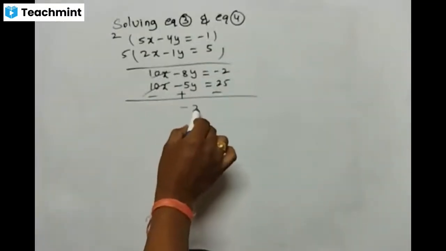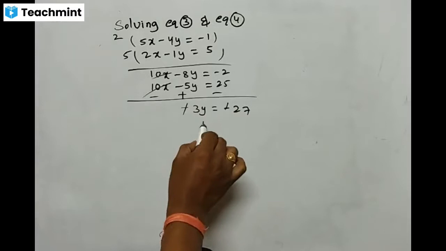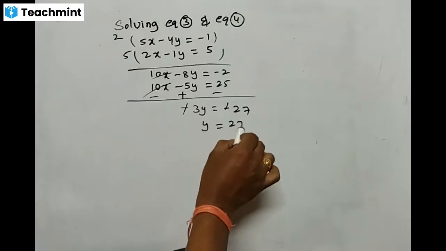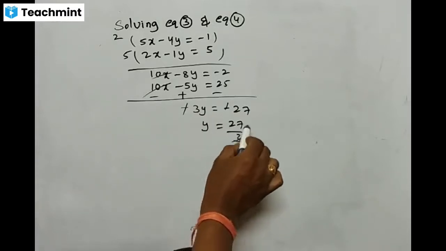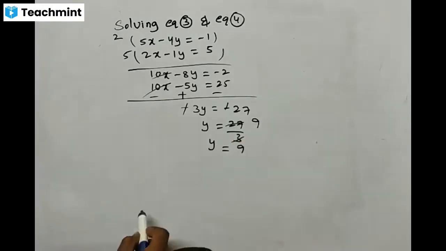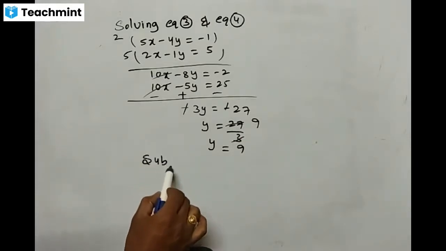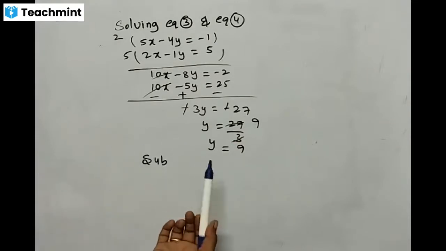So minus 3y is equal to minus 27. Minus minus cancel, y is equal to 27 by 3. 3 one time, 3 9 times. Y value is 9. Substitute that y value in equation number 3, you will get the x value, or equation number 4, any one equation.